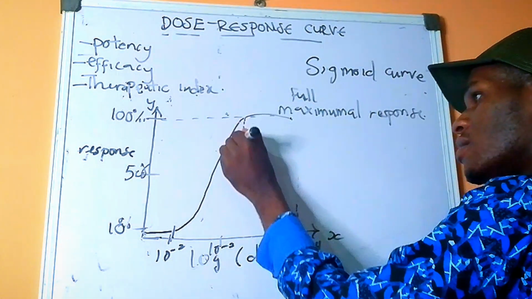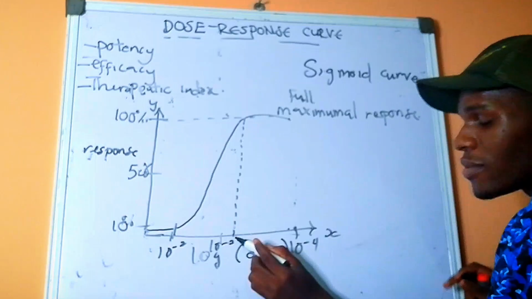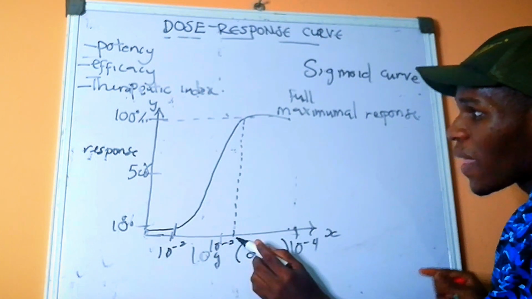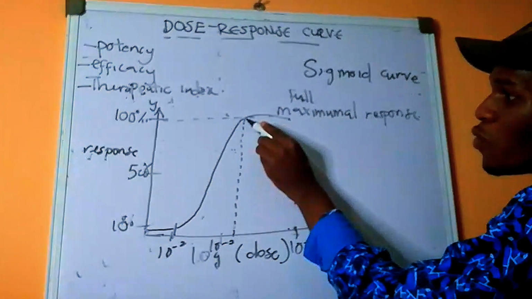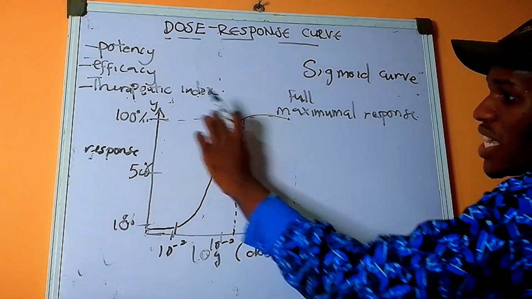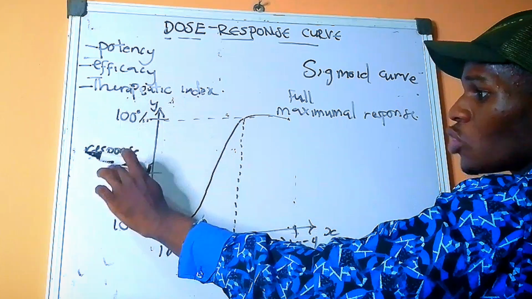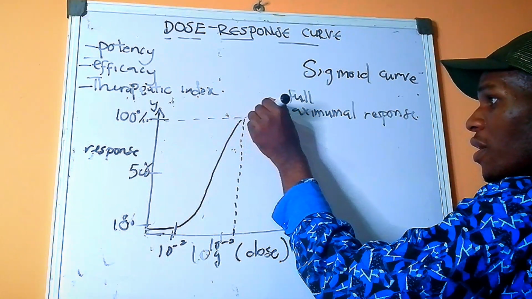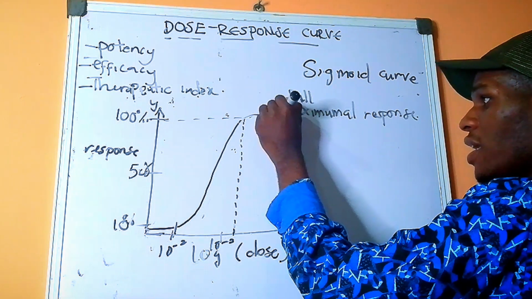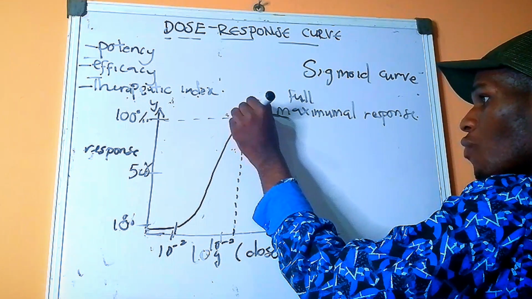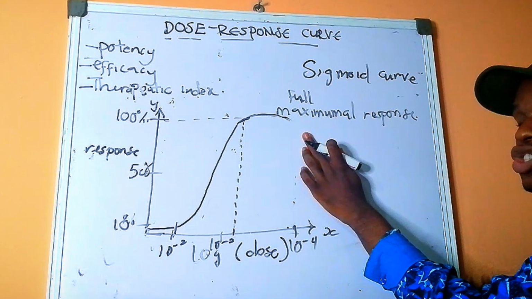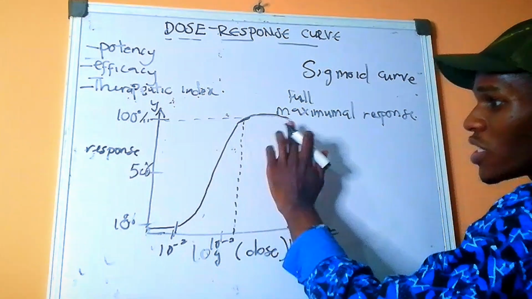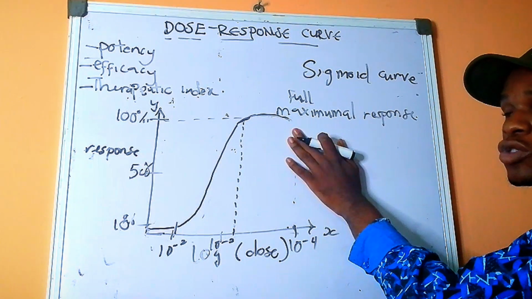There will be a particular point again whereby you are going to give the dose of the drug and the receptor site is going to be fully saturated. And of course, there is no increase in pharmacological effect. So at this particular point, the curve again forms a plateau. At this point, increasing the dosage of the drug at the receptor site causes no rise in response, and can also lead to toxicity.